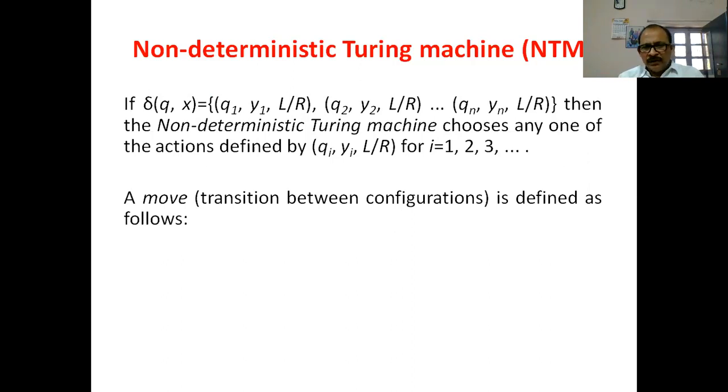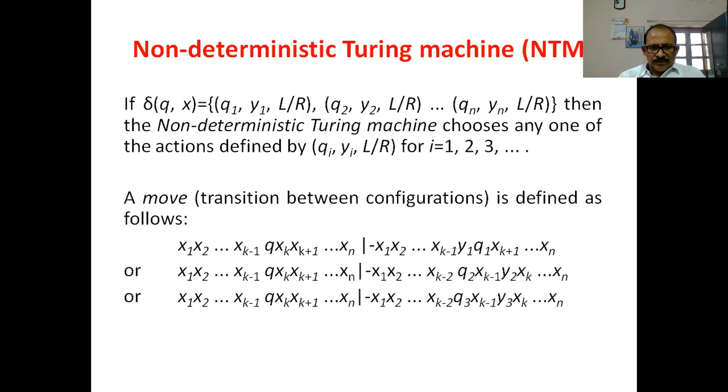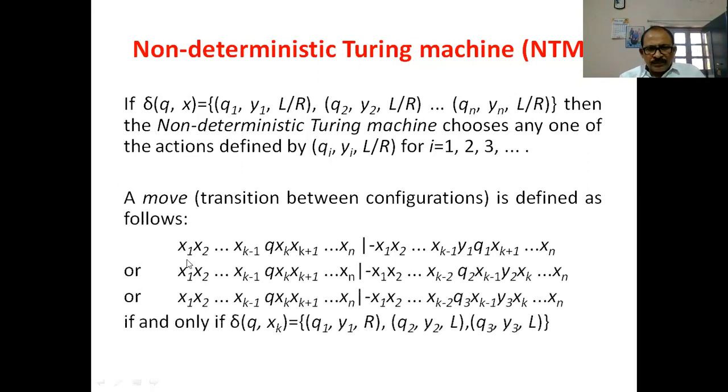Let us see the movement of the Turing machine between two configurations. Suppose at any instant of time, this is the configuration: x1, x2, up to xk minus 1, q, xk, xk plus 1, and so on.